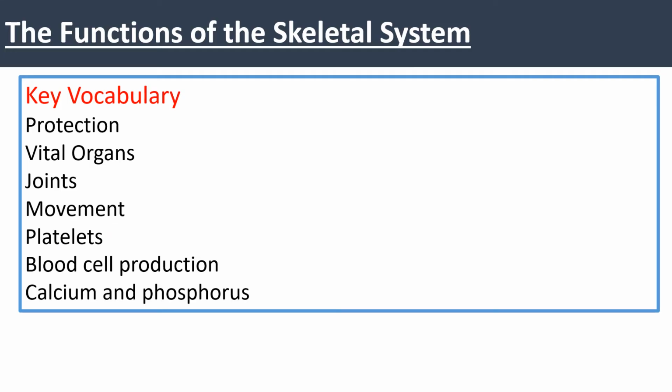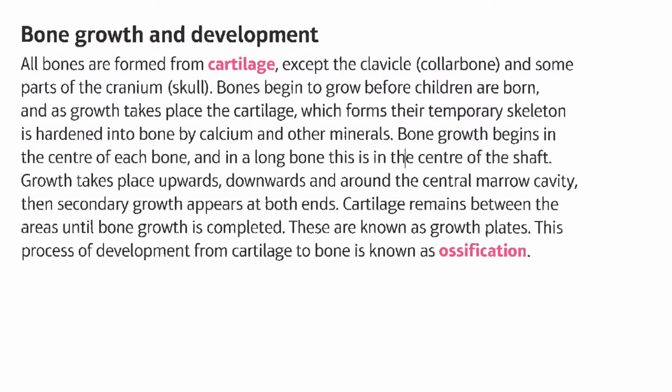And here's some key vocabulary that will hopefully be familiar, and also you can build into your learning as we move through. Now, I'll give you a couple of seconds just to possibly pause and read through this. But our bones are formed from cartilage, except particular bones such as the clavicle.